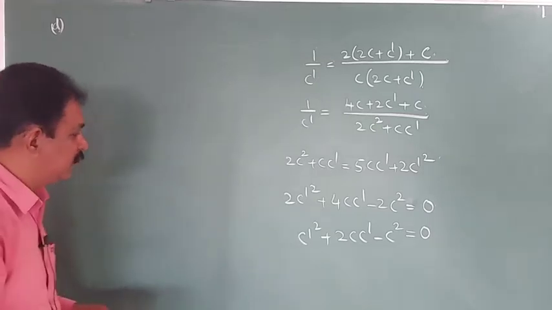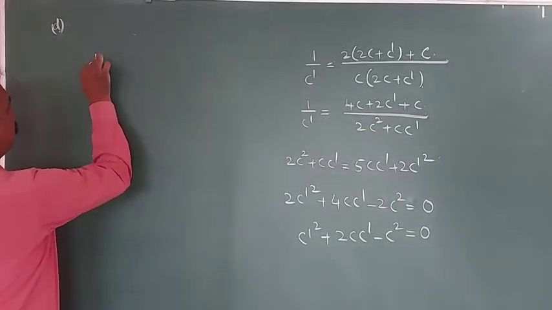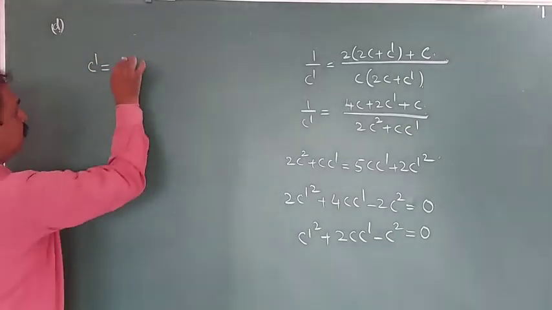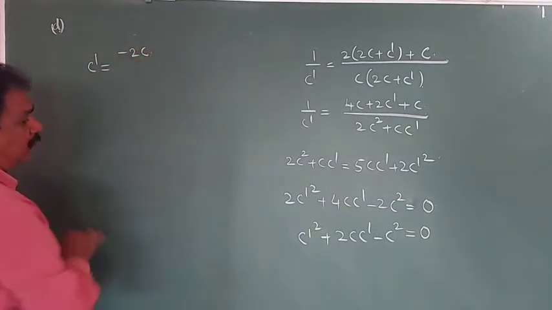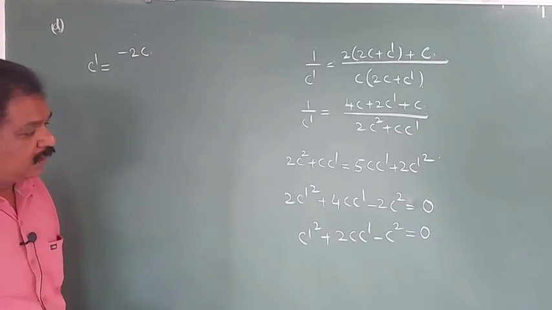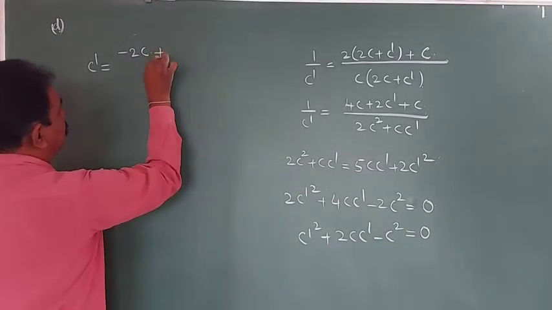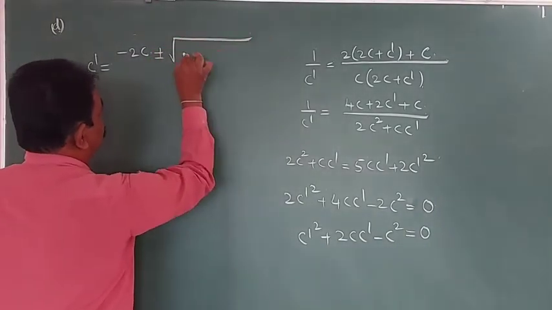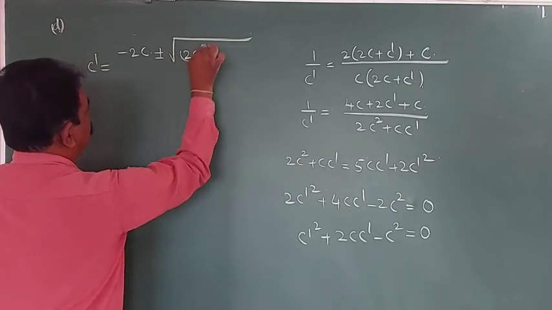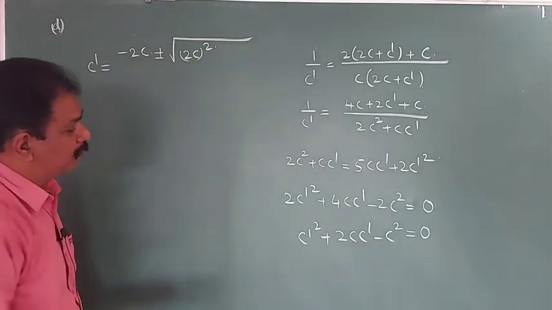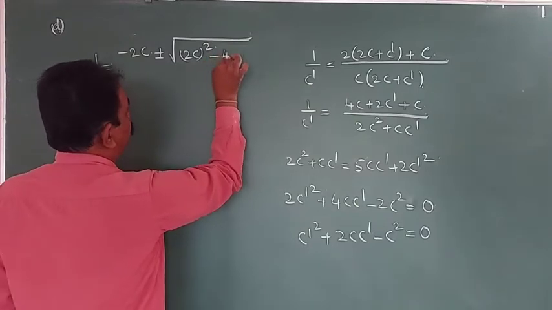Apply that one. C dash is equal to minus b, minus 2C, plus or minus square root of b square, 2C square, minus 4.